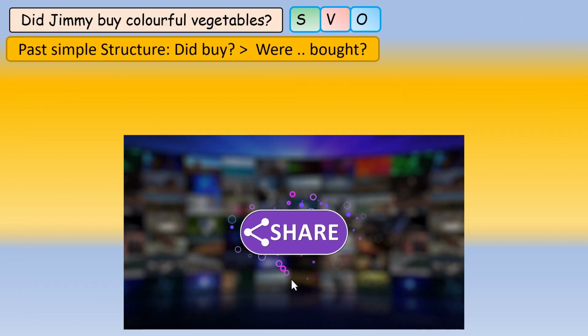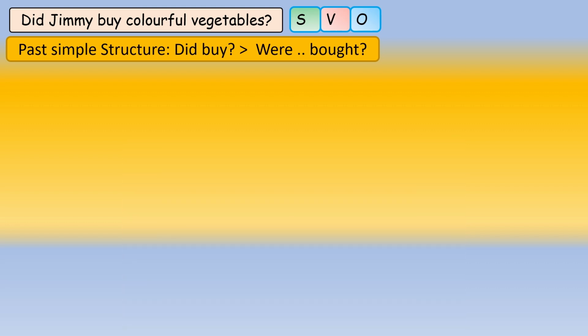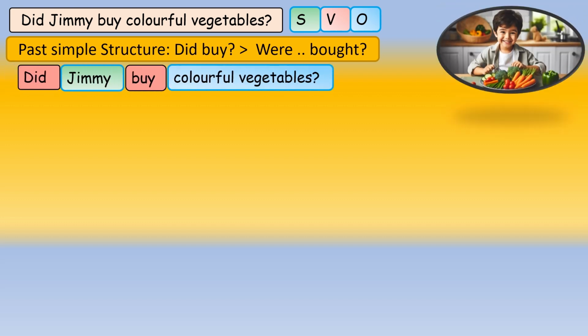We continue with our interrogative sentences here. Did Jimmy buy colorful vegetables? SVO, subject, verb and object. Past simple structure, did buy, or it will change to were bought in the passive. So let's look at our sentence.